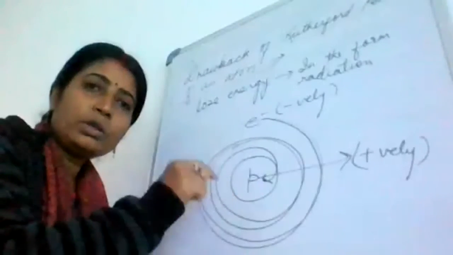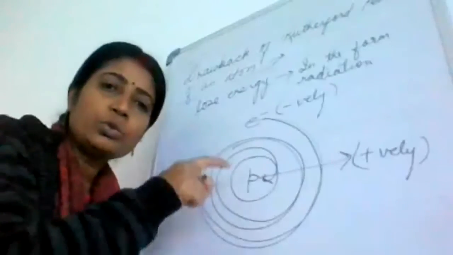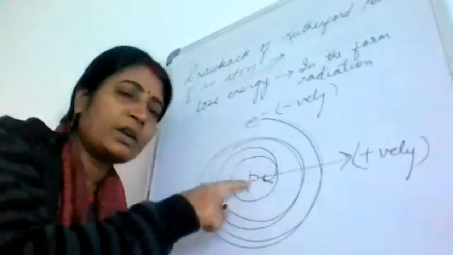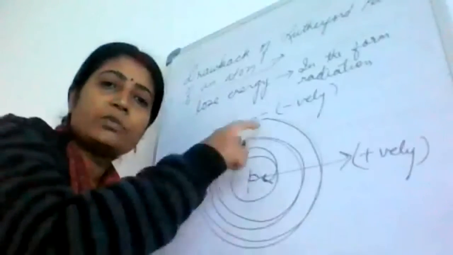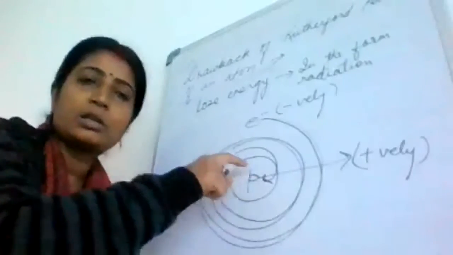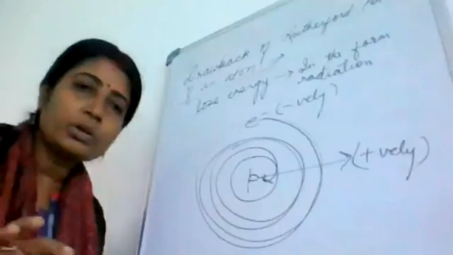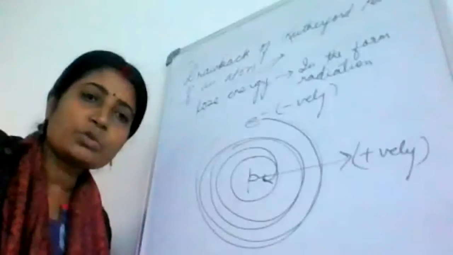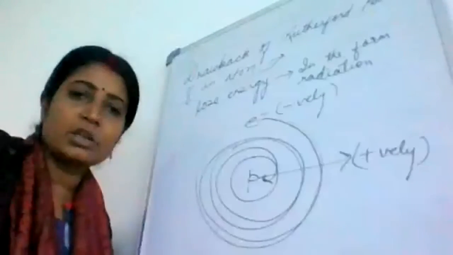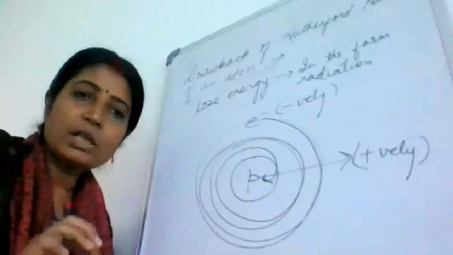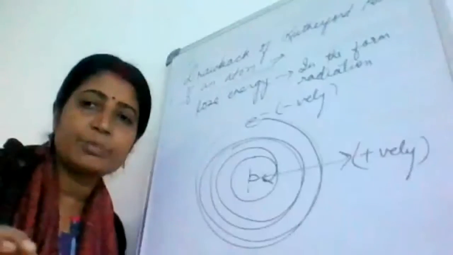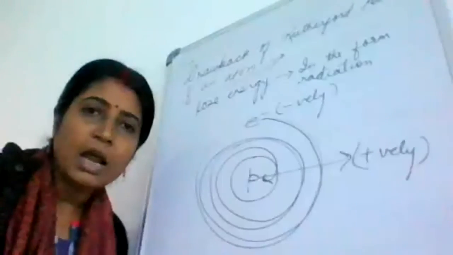And during acceleration, it is going to lose the energy. It will no longer withstand the force of attraction with proton, and it will fall into the nucleus and make the nucleus neutral, which is not possible, which is quite unstable. Which is quite what? Unstable. So it does not explain the stability of the atom. Rutherford does not explain what? The stability of the atom.